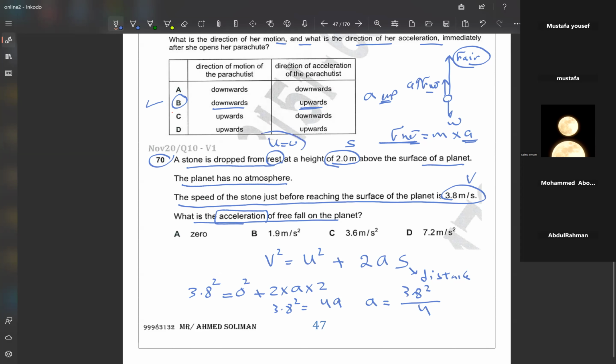The object starts falling from rest, so u equals 0. From a height, so distance traveled is 2 meters. And it reached the surface with final velocity equal to 3.8. Find the acceleration. So the only equation that can be used is what? This one.